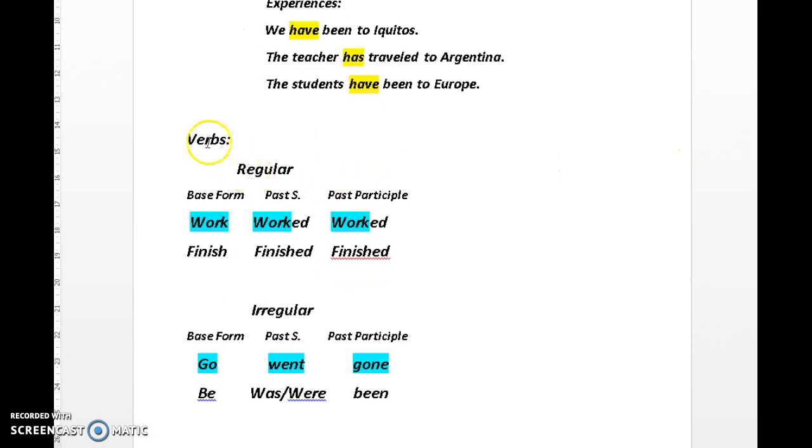Okay? For regular verbs, the past participle is with ed. Base form work, past simple worked, past participle worked. Okay, another example. Finish, past simple finished, past participle finished.